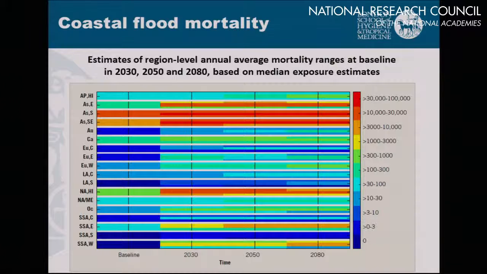So these are our 21 regions. You can see Asia, that big red bar, that's all Asia, because we know that coastal flood deaths are concentrated around the Bay of Bengal, okay? These are stochastic, essentially random events we're trying to model, and we can't model them very well, okay?